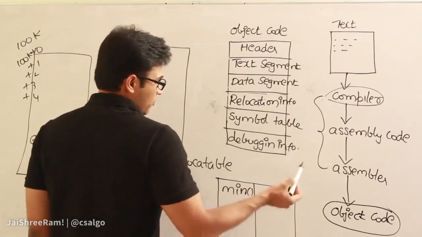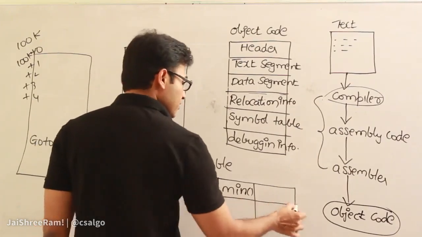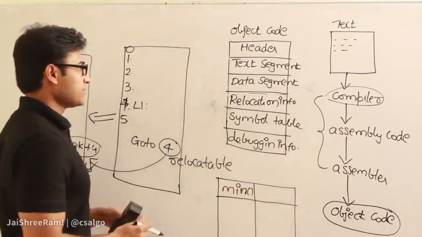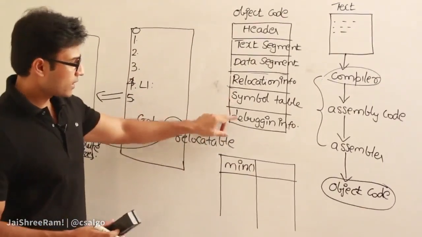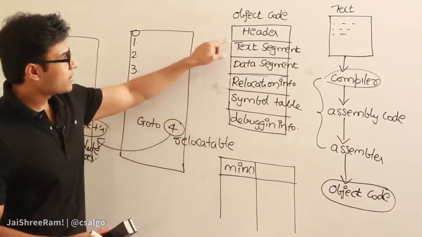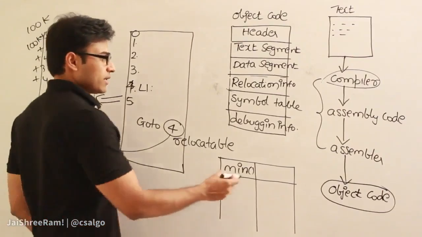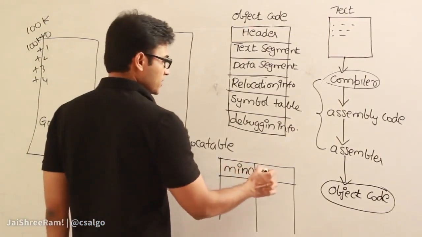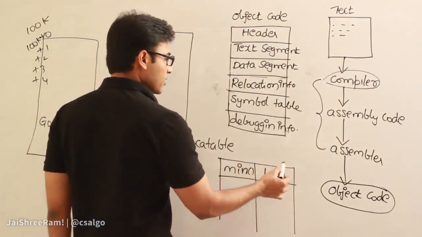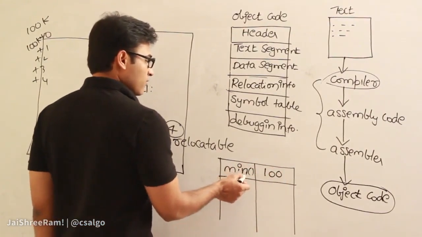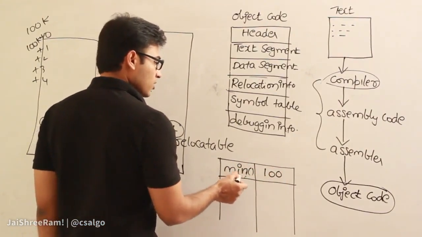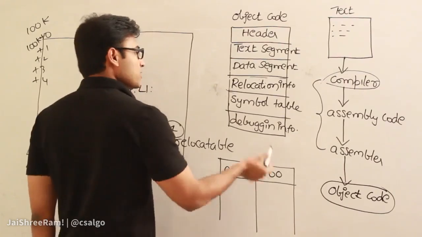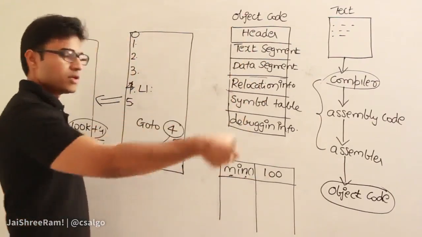Minimum is a function which you might have defined. Then in that case, if we have defined the function inside this, then the symbol table will contain the symbol and the address in which it is present, which means it will even give you the relocatable address. So it may say that it is present at line number 100. Therefore you can understand that wherever you are going to call this function minimum, you are supposed to go to line number 100 and execute the code.